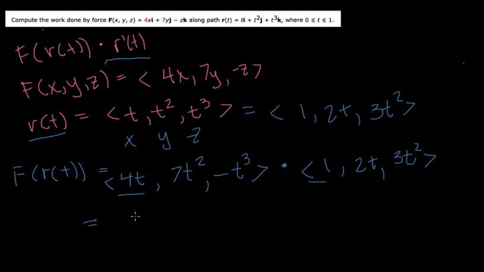So if we solve this, it'd be 4t plus, for the y values, 14t cubed, minus, here we have negative 3t to the third times 3t squared, which would be 3t to the 5th power. Yes, that's correct. Now let me give you guys some space so we can work this problem out.